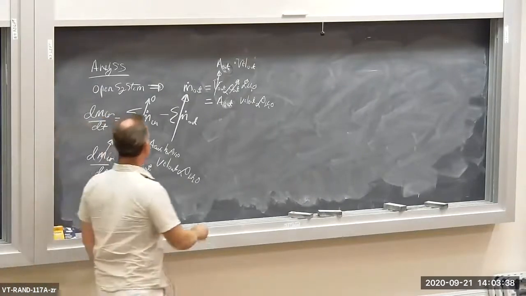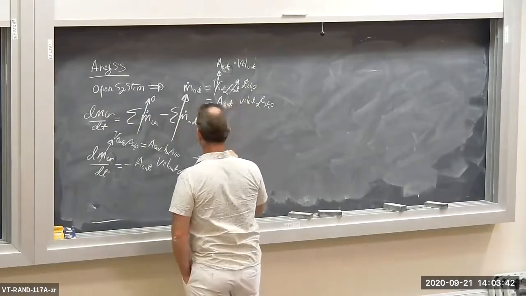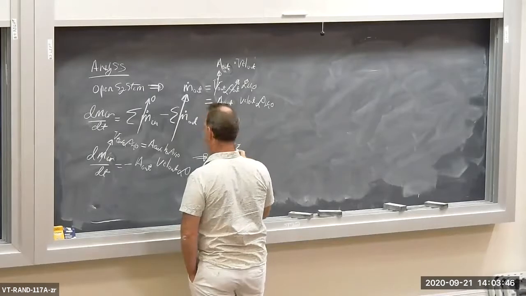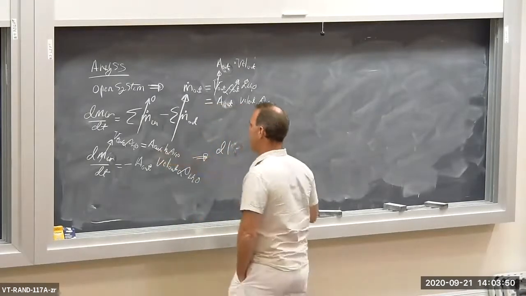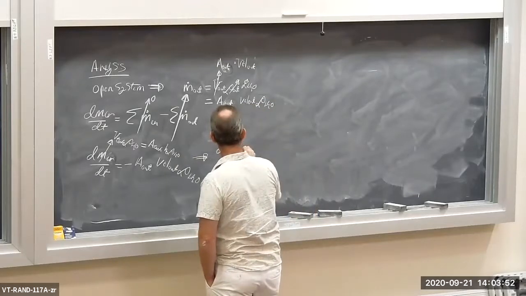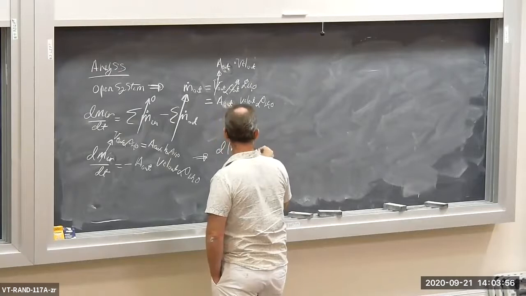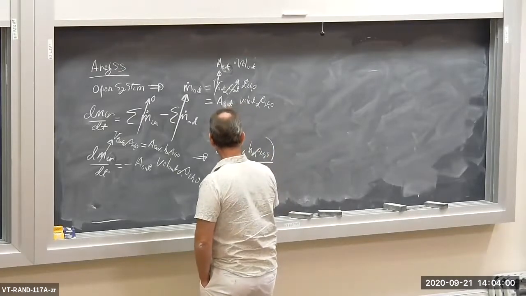So let's write what I got here. dm CV dt is actually d of the tank area times the height times the density of the H2O, and then I have a dt.